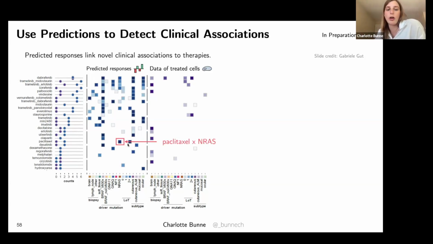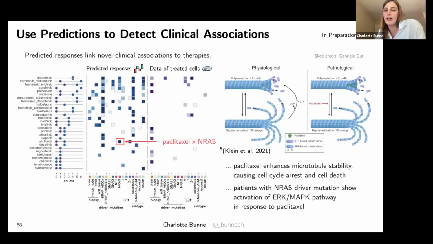And just to highlight one of them, for example, this combination of a drug called paclitaxel and patients that have an NRAS driver mutation: it is very well known in the literature that there's a connection between the two, because paclitaxel enhances microtubule stability, which causes cell cycle arrest and cell death, and patients with this type of driver mutation show an activation of a certain pathway that then very much determines the response to this type of drug.